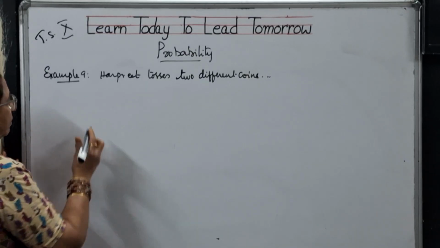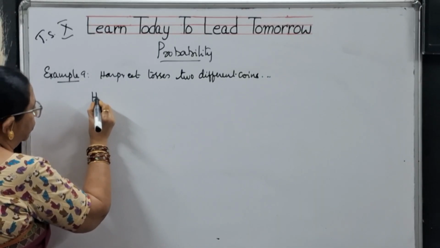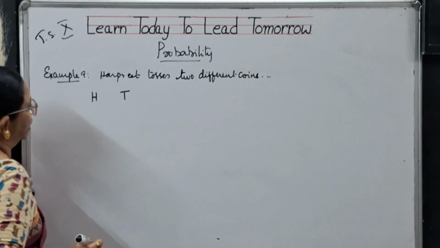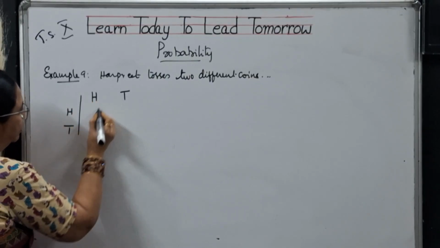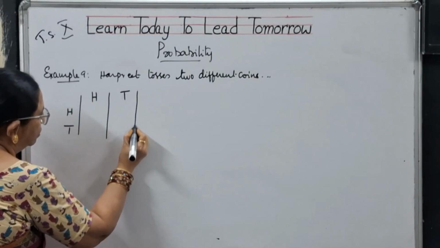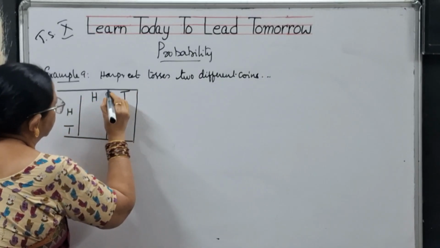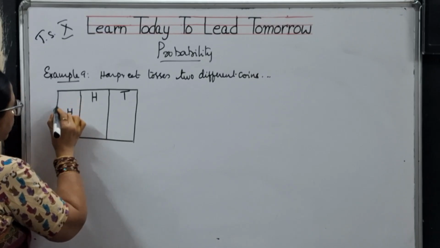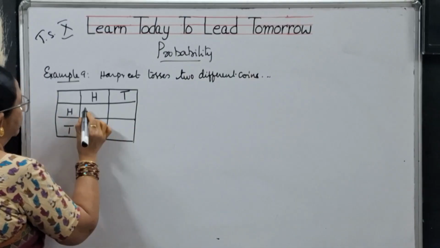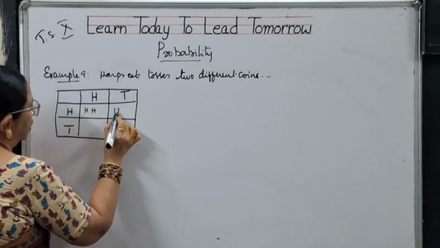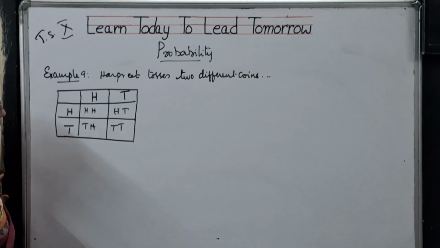To get a sample space, let us write a small checkerboard here. That is, when one coin is tossed, there is a probability of getting head and tail. And another coin, head and tail. So let me draw a small checkerboard here so that you will be getting all the possibilities of getting head and tail. So here, see, this is 2 heads, head and tail, tail and head, tail and tail.